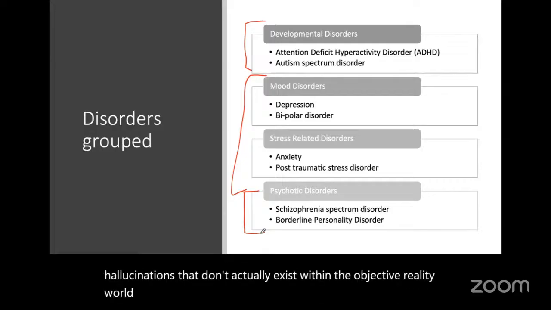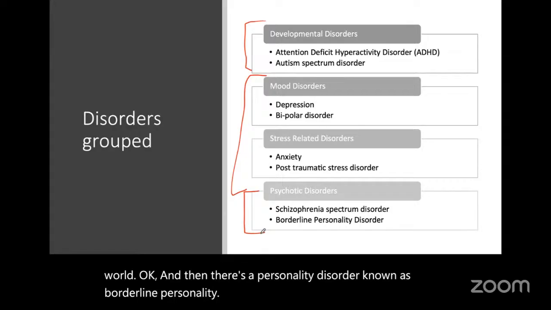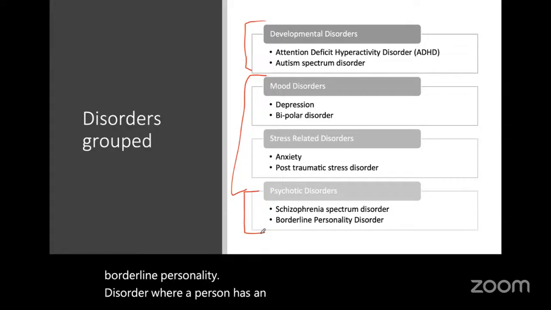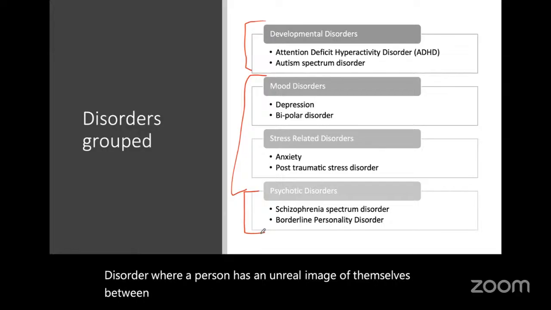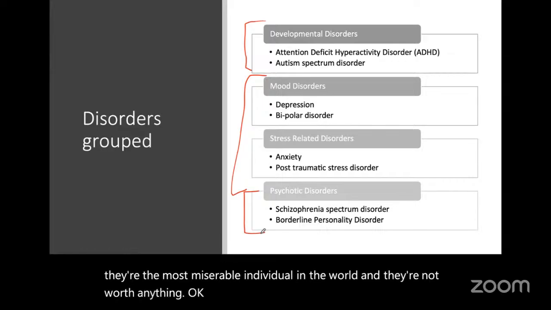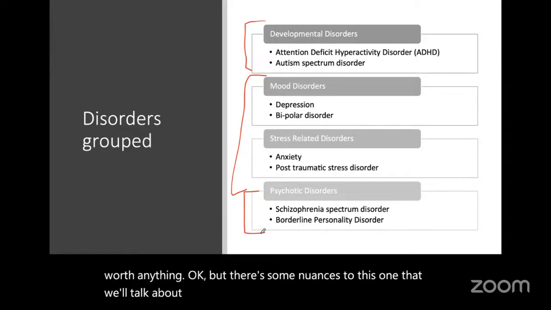And then there's a personality disorder known as borderline personality disorder, where a person has an unreal image of themselves between being a decent person and thinking that they're the most miserable individual in the world and they're not worth anything. But there's some nuances to this one that we'll talk about as we get to it.